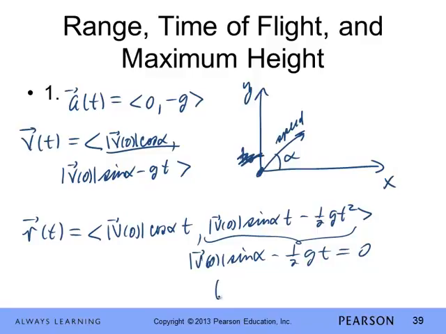So that means that you have t, which, by the way, they call capital T, so why don't I call it capital T? The time of flight is equal to initial speed times sine of alpha times 2 divided by acceleration due to gravity. So there's the time of flight.